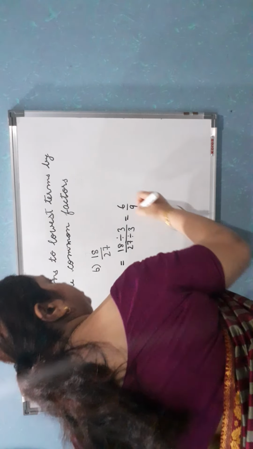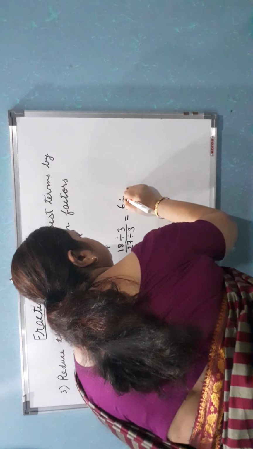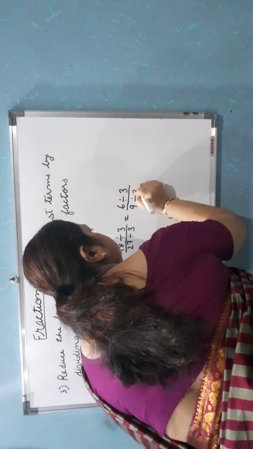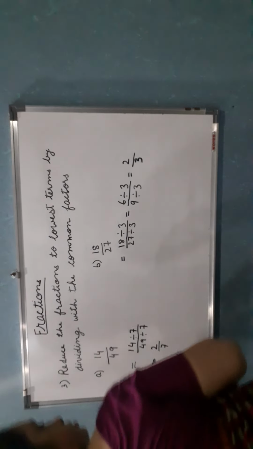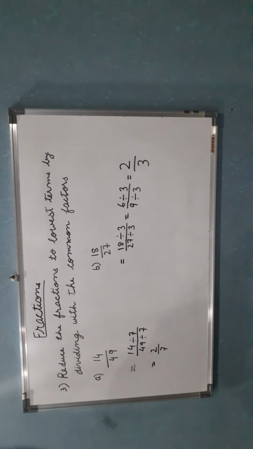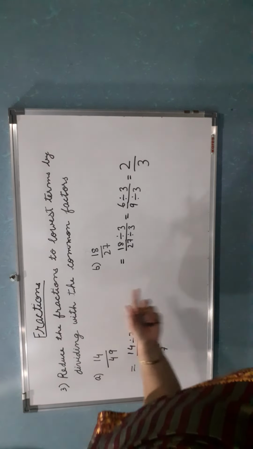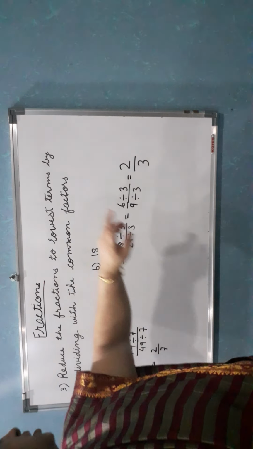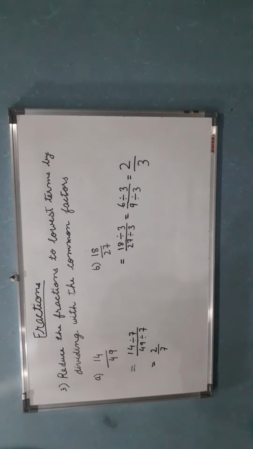Again you can divide this with 3. So it will become 3 2s are 6 and 3 3s are 9. So you can reduce it into lowest term by common factors also. Okay.